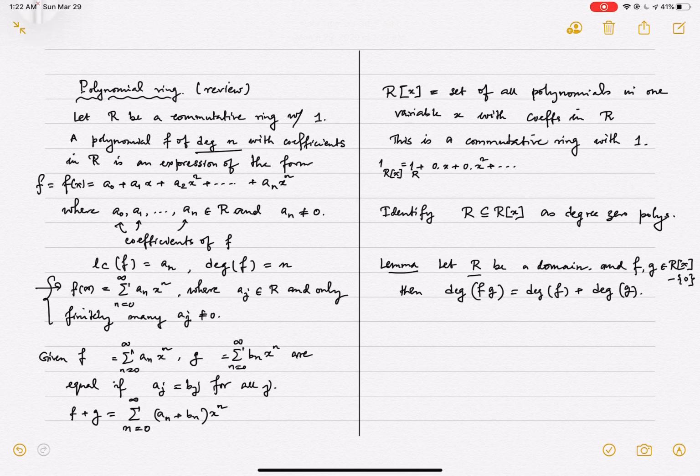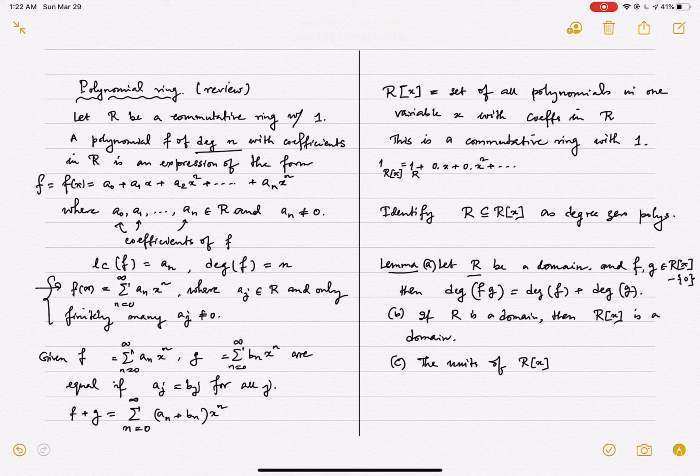And a couple of immediate consequences of this I want to record. If R is a domain, then R[x] is a domain, and the units of R[x] are equal to the units of R. You see, R is being identified inside R[x].